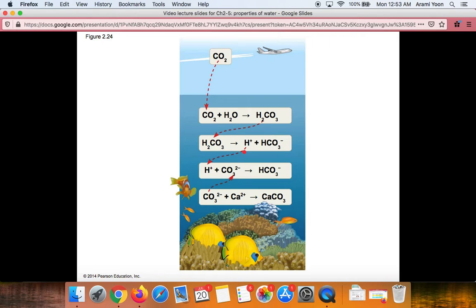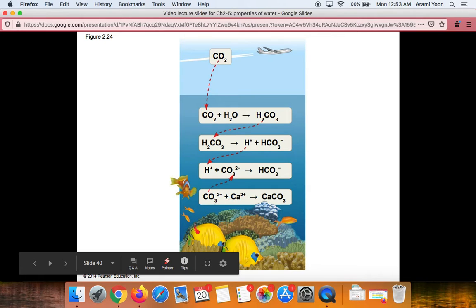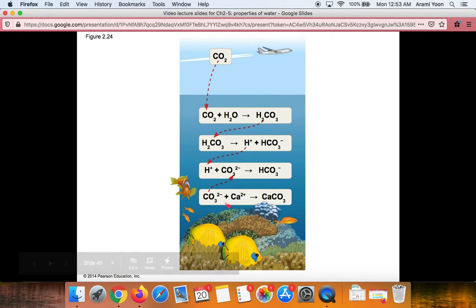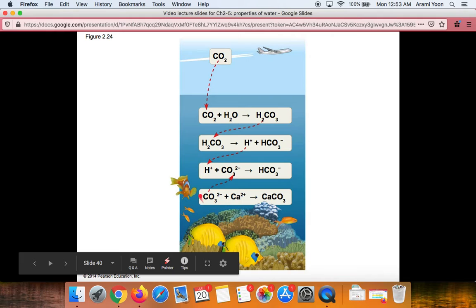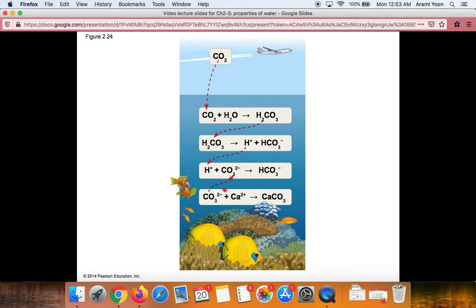Fortunately, the ocean itself is a buffer system. What's happening here is these are coral reefs, and they're made of shells that are basically made of calcium carbonate or lime. So these carbon-containing shells can actually break down to form calcium ions and carbonate ions.